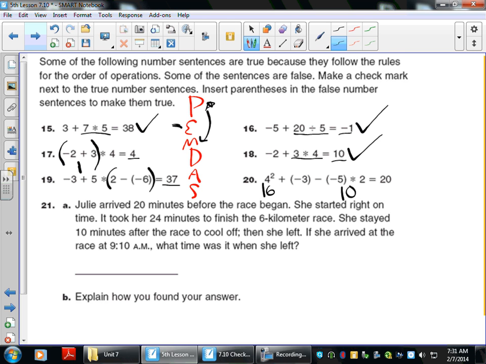So now I do 16 plus -3 minus that +10. 16 plus -3 gives me 13. I'm at 16, moving 3 spaces to the left because it's a negative number. 13 minus 10 is 3. So this one does not work because their answer is 20. So we're going to put parentheses somewhere to make this true.